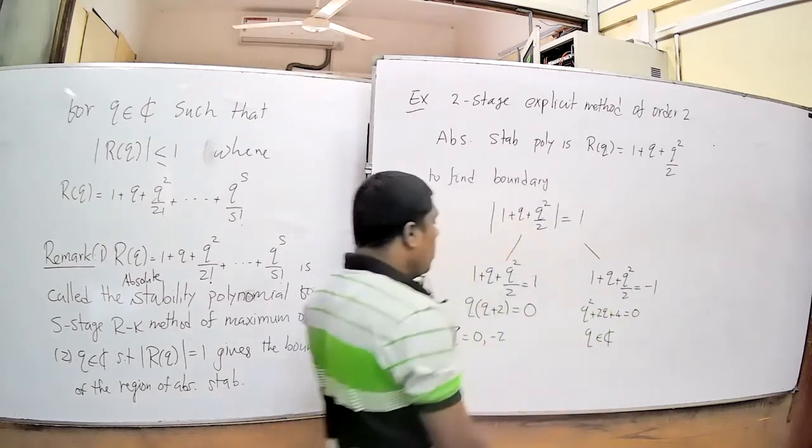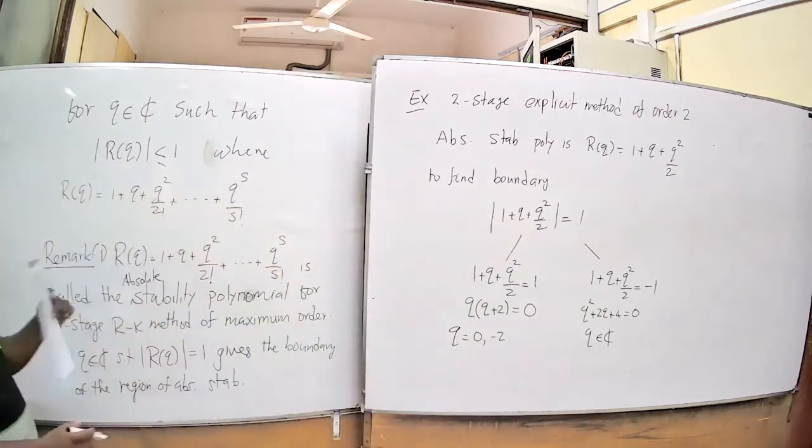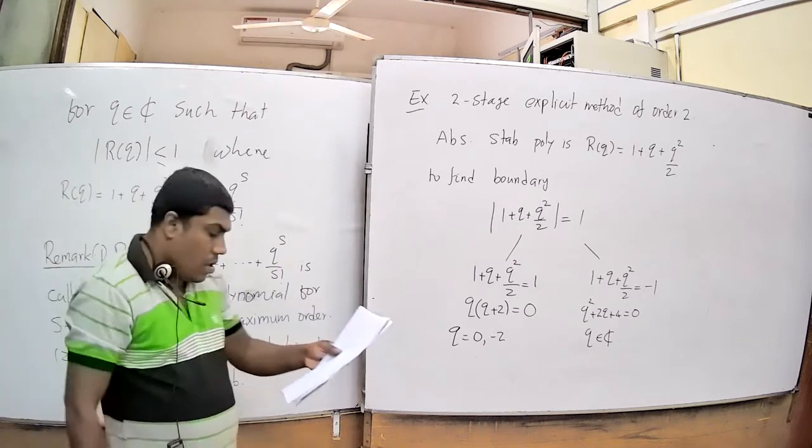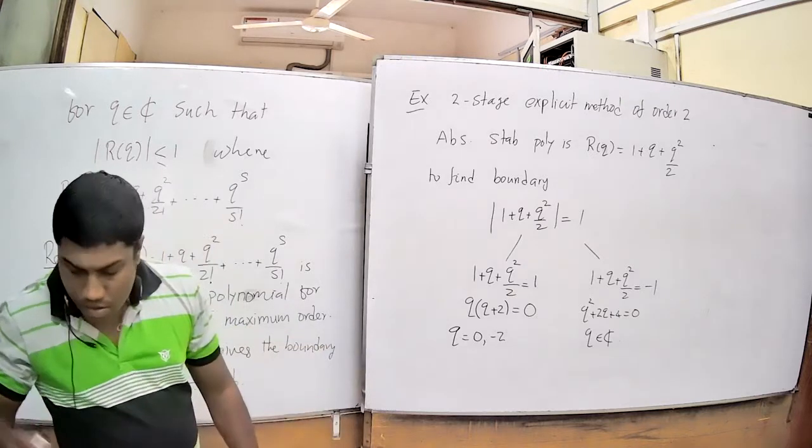Here b squared minus 4ac is negative, right? The discriminant: b squared is 4, minus 4ac is 16, so it's negative. So it's going to be complex numbers, not real. So the real part is enough for you to see the region.